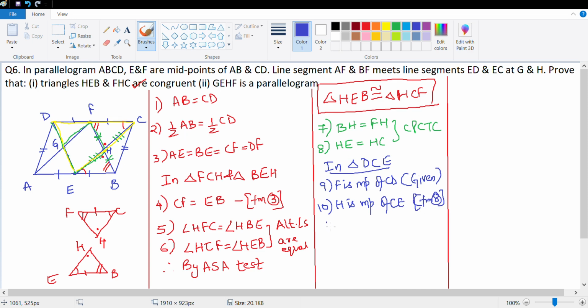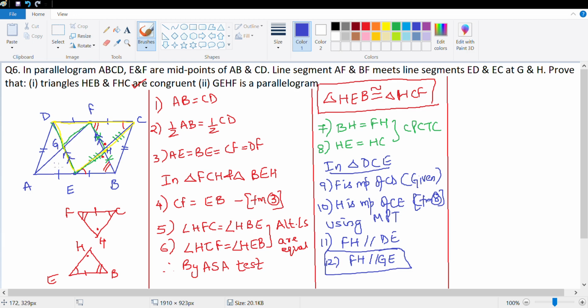So using the midpoint theorem, number 11 is FH is parallel to DE. What it also means is FH is parallel to GE. So I have proved that one pair of opposite sides is parallel. So I have proven FH is parallel to GE.